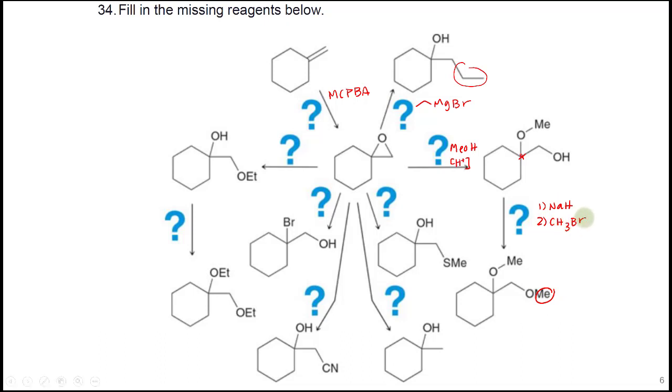I'm going to go back into the center here. I have this epoxide. We're adding this S-methyl to the less substituted side, so this would be NaSMe. If I want to add just an H here, I'll use lithium aluminum hydride. To add a CN to the less substituted side, I use NaCN.